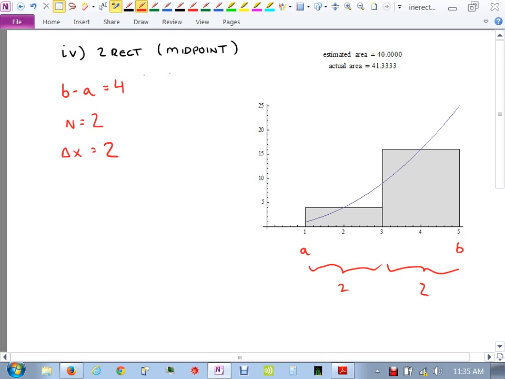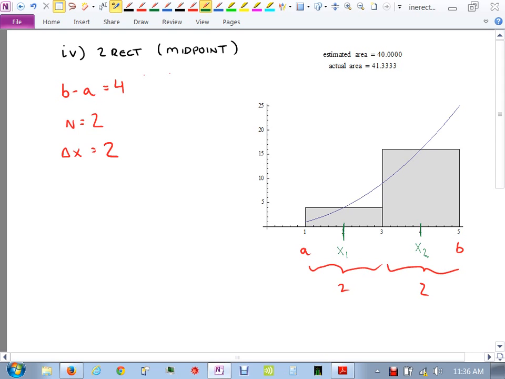However, the point that I'm going to use to find the height is not the right end, it's not the left end, it's the middle point. So it's actually the point in the middle of the rectangle here, which I will call x1. x0 we could call the A, but what's more important is that we have 2 points here, x1, x2.